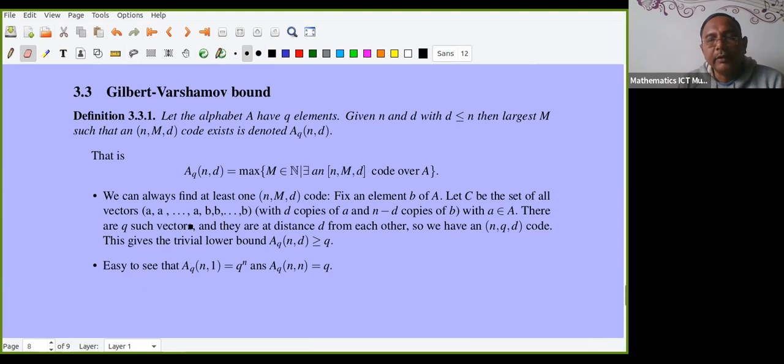Once you fix b, we keep changing the a value. Then what can be the distance between them?